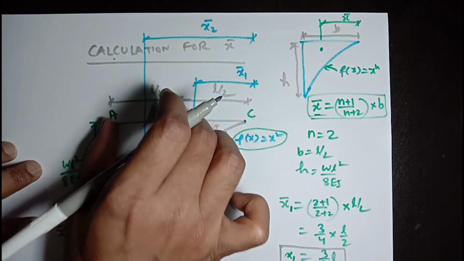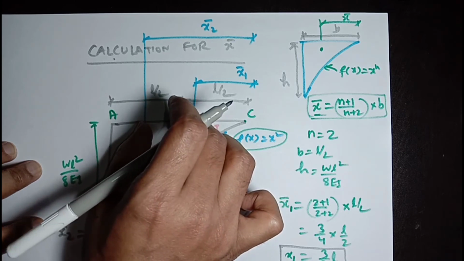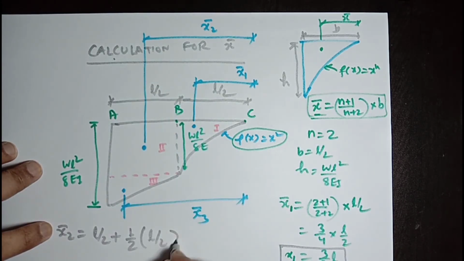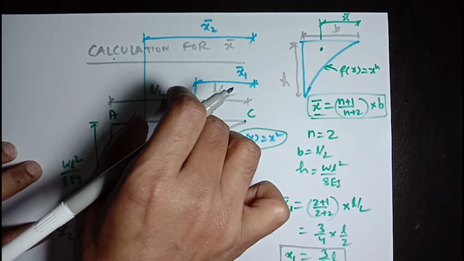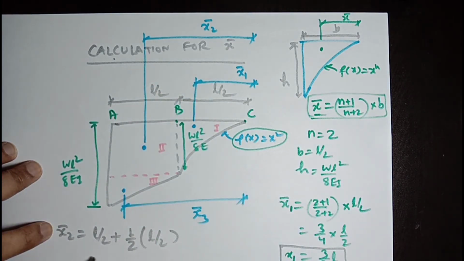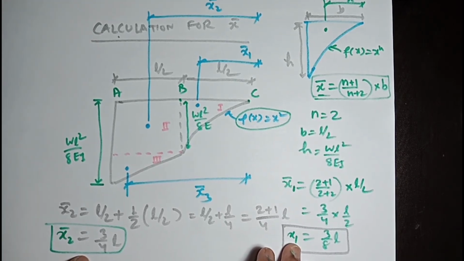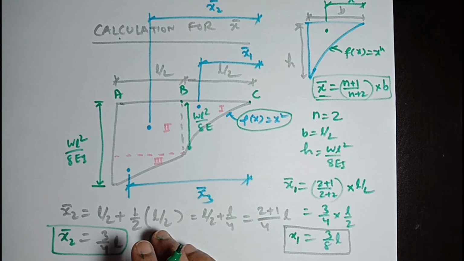So half of this length will be L by 4, so it will be L by 2 plus half of L by 2, which is L by 4. So L by 2 plus L by 4, it will be 2 plus 1 over 4 into L, which is 3 divided by 4L. So x2 bar will be 3 divided by 4 into L. Now I am done with the calculation for x2 bar.